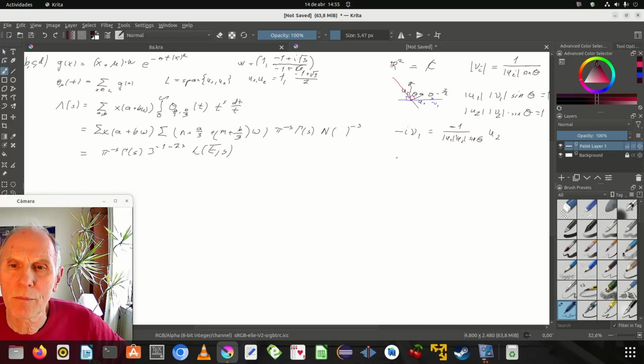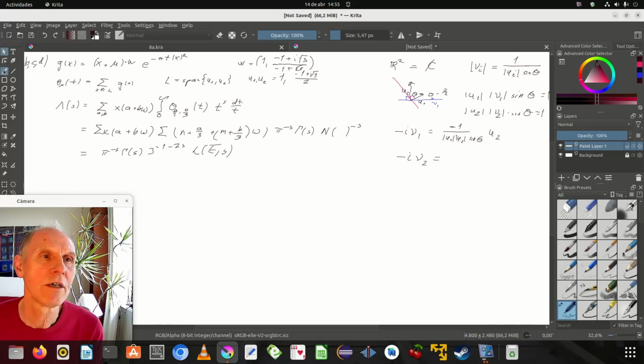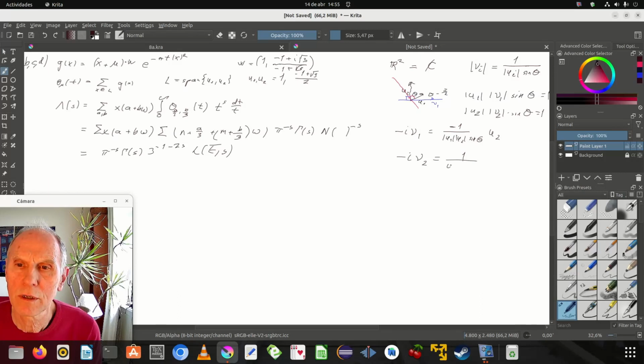And minus i V2: we have V2 up here. That's proportional to U1 and it's in the same direction, so it's a positive factor, so it's plus 1 times U1.